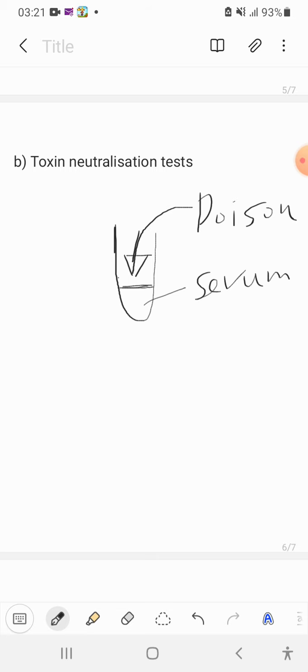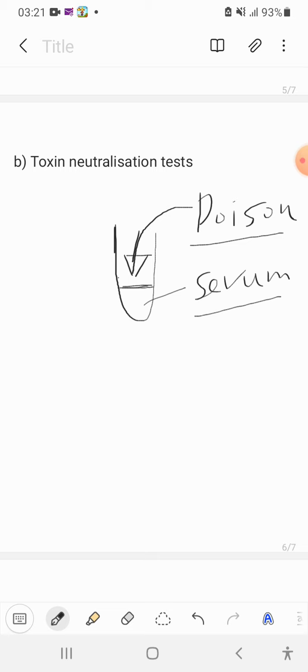Now we have the antibody and we have the antigen. The other side was the reverse. We had seen earlier that you can do reverse. You can test for the antibody using the antigen, or test for the antigen using the antibody.